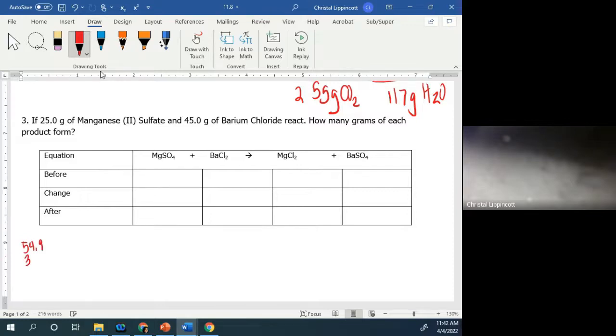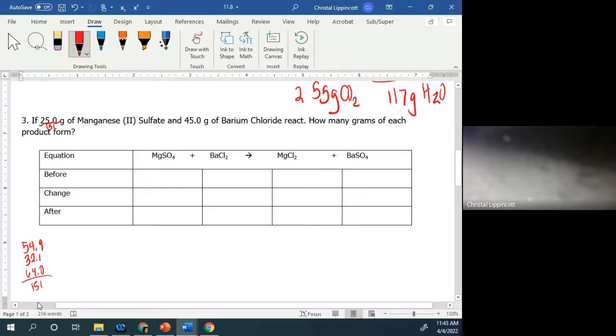A sulfur is 32.1. And 4 oxygens are 64. So I'm going to add those together. And that's 151. So I'm going to divide 25 by 151.